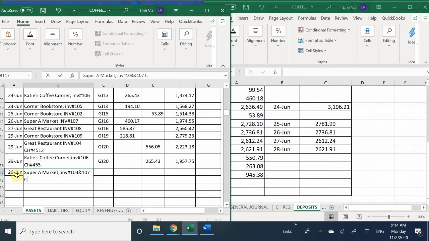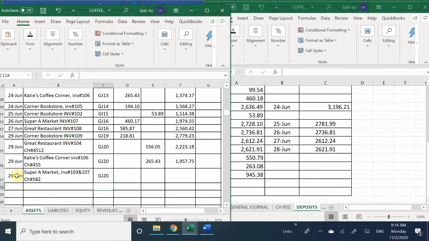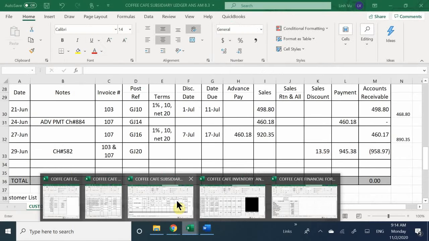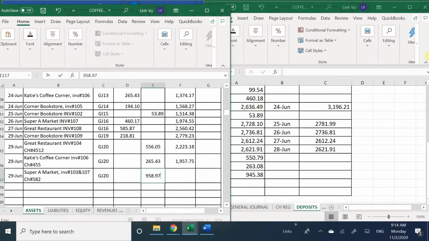And check 582. Plus 13.58, so that's 958.96. I'm not sure what the points there. I think it's 97. Our total was 958.97.